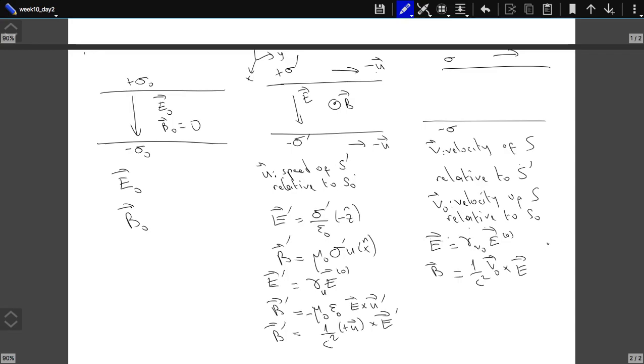Now, the interesting question will be, let's look at this case. You have a compass staying over here, and the parallel plates are at rest in the reference frame in which the compass is at rest. Then we go to a different reference frame. You see, in this reference frame, the compass doesn't feel any magnetic force because there is no magnetic field created.